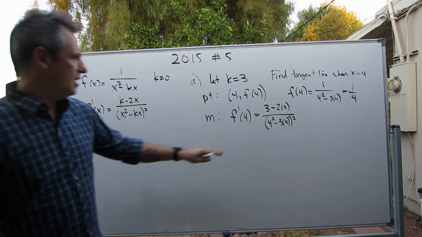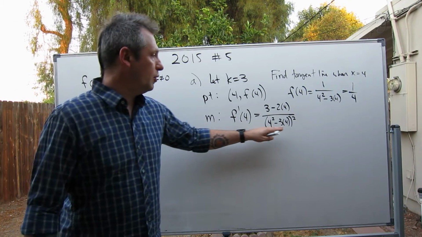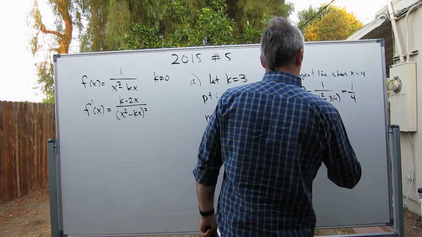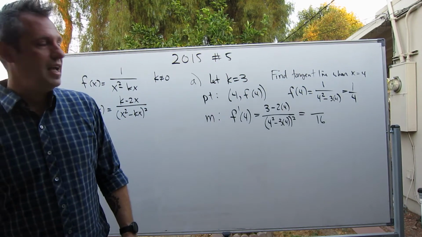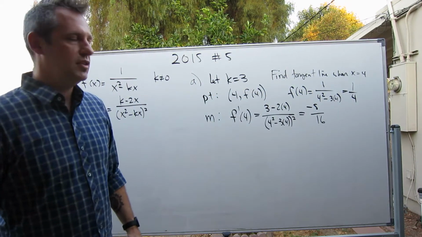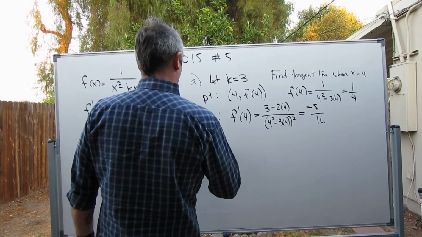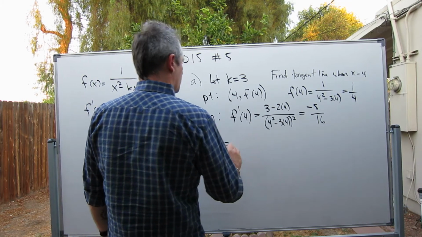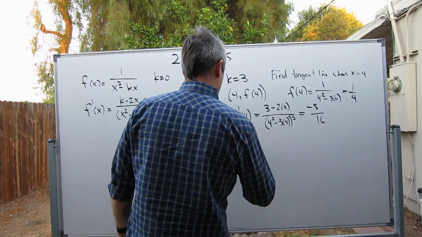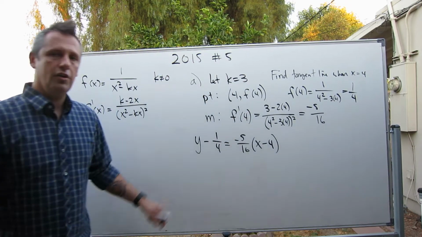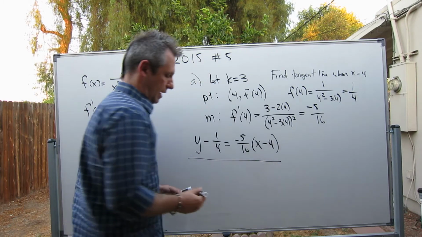In the denominator we're going to have 4, but we're going to square it this time, so it's going to be over 16. In the numerator we have 3 minus 8, which is negative 5. Then the equation of the tangent line in point slope form is y minus y naught, which is 1/4, equals the slope, negative 5/16 times x minus x naught. And there you have it. This is my final answer.